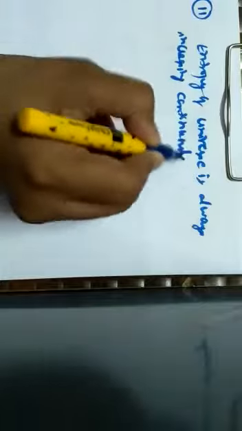Next one, question number 11. Question number 11 tells that entropy of the universe is, so when we consider the universe, the entropy of the universe is always increasing continuously.